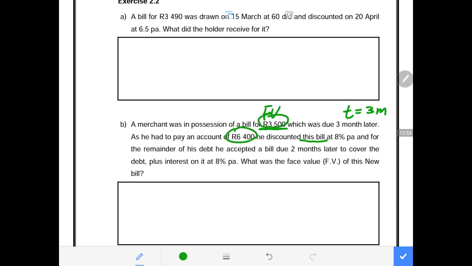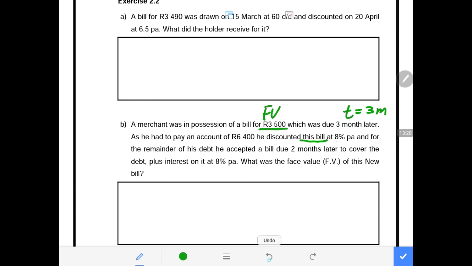It is what he owes to somebody else, or what he owes to a company. So now he discounted this bill, which is due in 3 months. And the discount rate from the bank is 8% per annum.